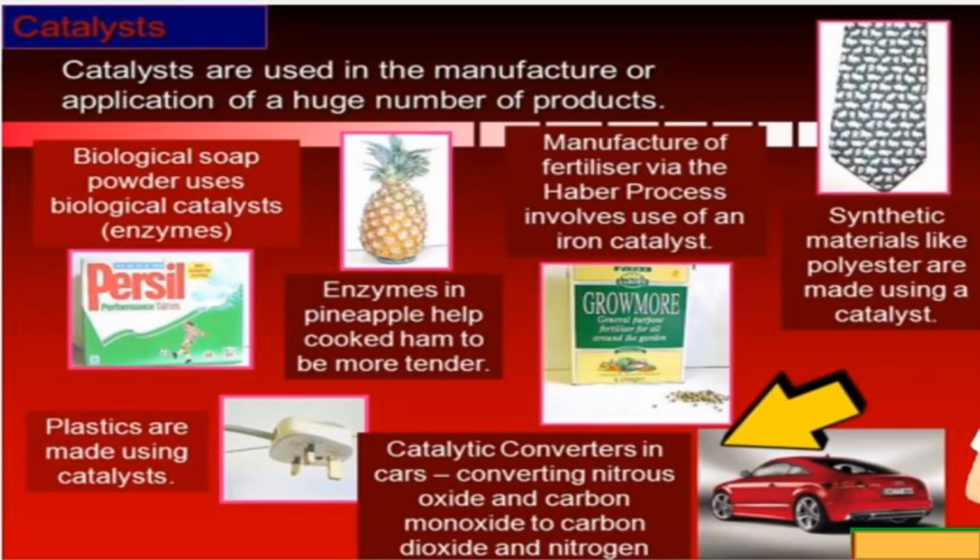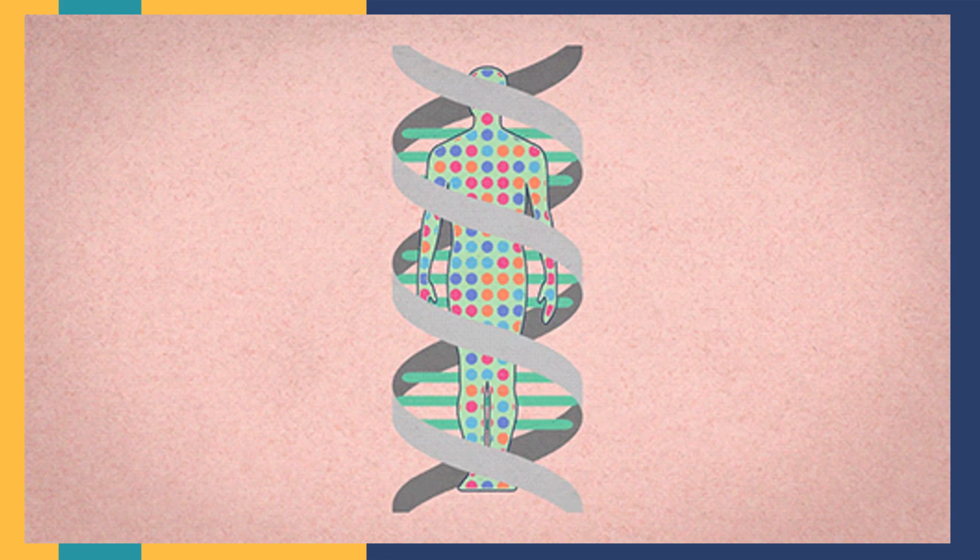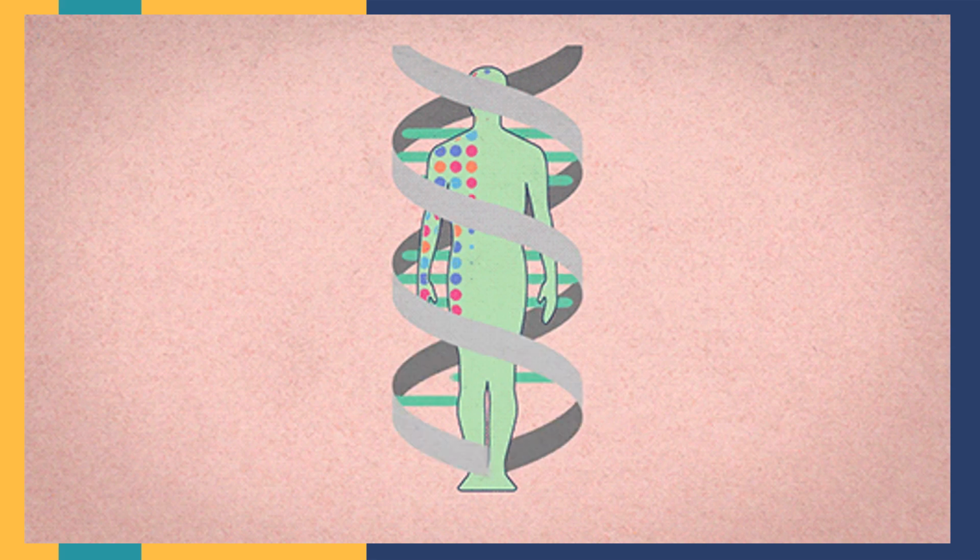Synthetic materials like polyesters are made using a catalyst. And the last one is catalytic converters in cars, converting nitrogen oxides and carbon monoxide to carbon dioxide and nitrogen. And also in even our body. Catalysts are truly a fundamental part of our everyday life.